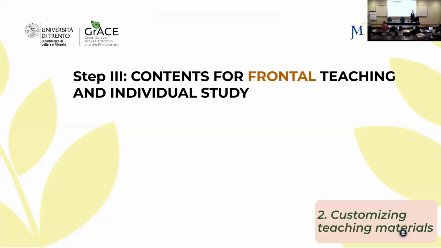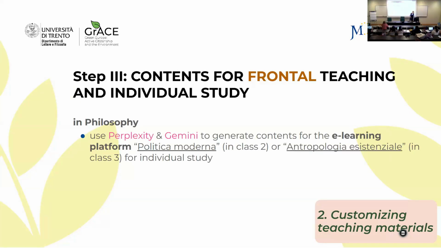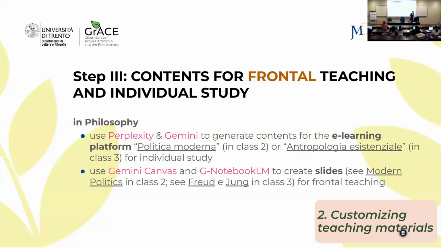What do you use for teaching frontally? Interactive whiteboard, okay, interaction, but most of the time the slides, it's a pity, but okay. So we need slides in philosophy and in history. How do I get slides? How do I get transmissive material very well designed?